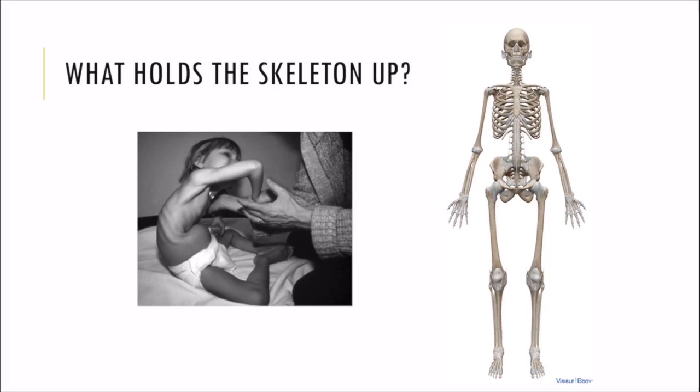I would argue that we cannot stabilize our skeleton with only our external muscles, or we would crumple like you see in the picture. The key element to the effectiveness of our external muscles is our core strength.